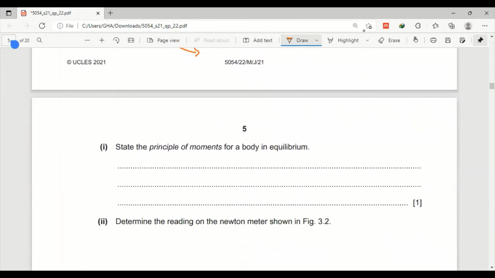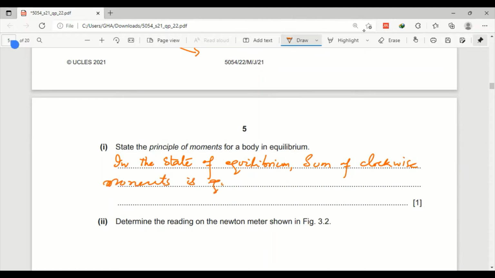State the principle of moments of a body in equilibrium. So we will write, in the state of equilibrium, sum of clockwise moments is equal to sum of anti-clockwise moments.